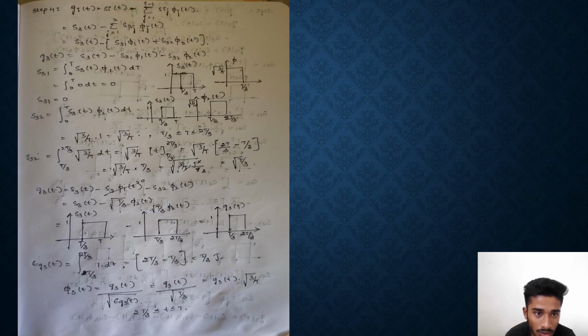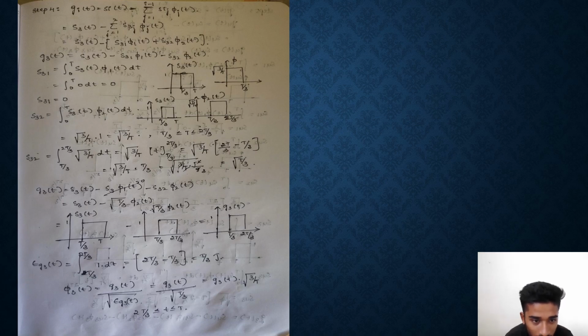So s32 is equal to integration 0 to T of s3 of t into psi2 of t dt, which is equal to root 3 by t into 1, which is equal to root 3 by t. So the equation further continues and the answer we get for s32 is root t by 3, and the answer we get for g3 of t is s3 of t minus root of t by 3 psi2 of t.